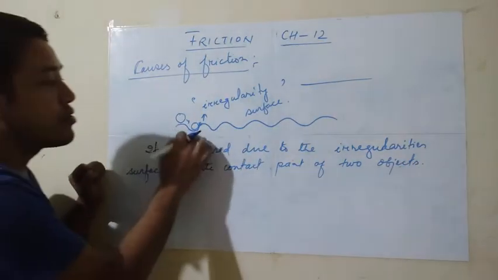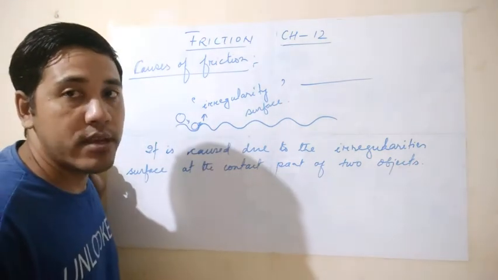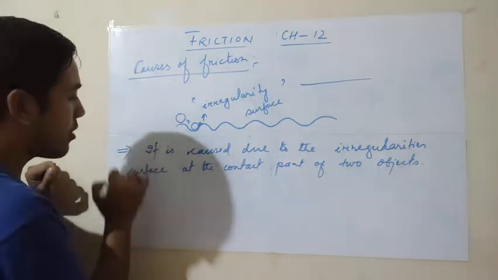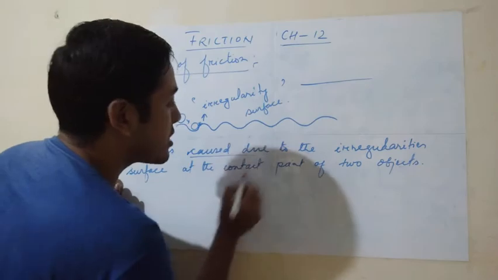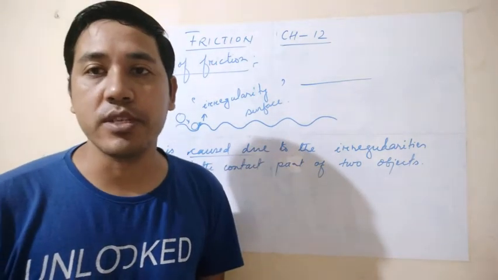If the contact point of the two objects is irregular, then the force of friction will come out. This is one of the important causes of the force of friction. Please copy down.